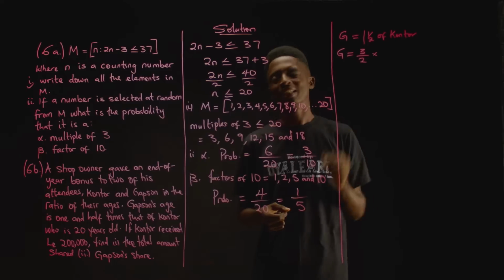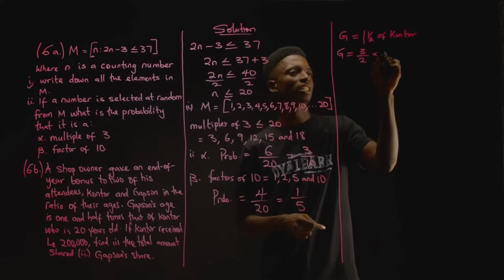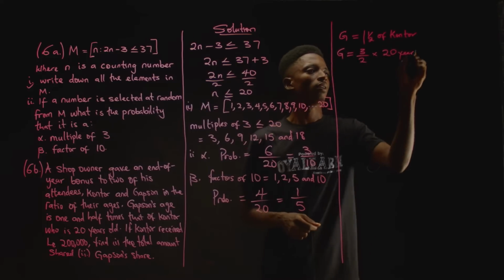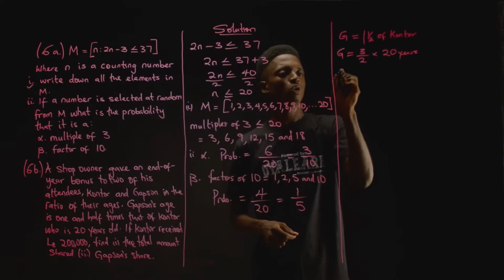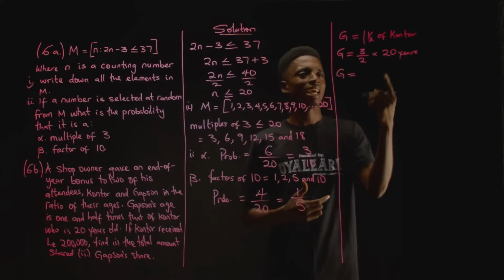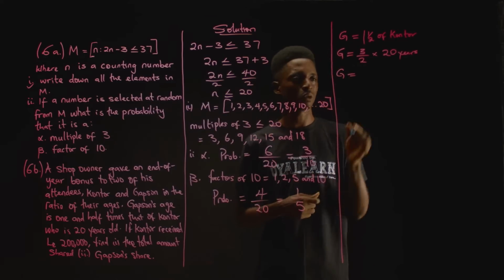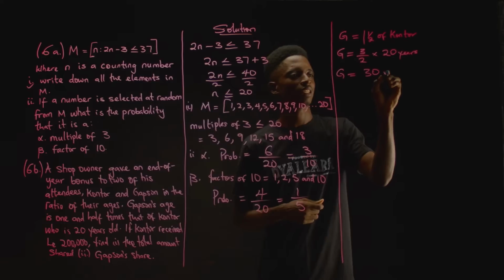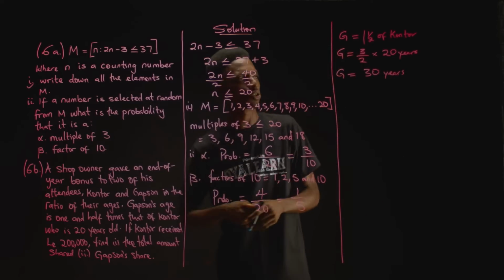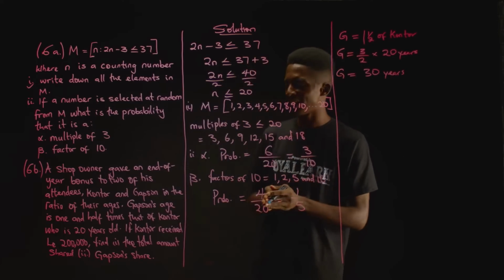And then we multiply this by Contour's age, which is 20 years. So G here then becomes, now 2 goes in 20 10 times, and 10 multiplied by 3 would give us 30 years. This tells us that Gabson is 30 years old, while Contour is 20 years old.